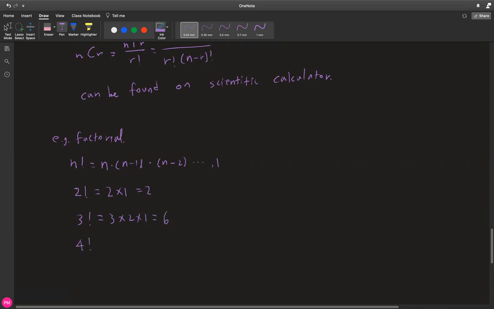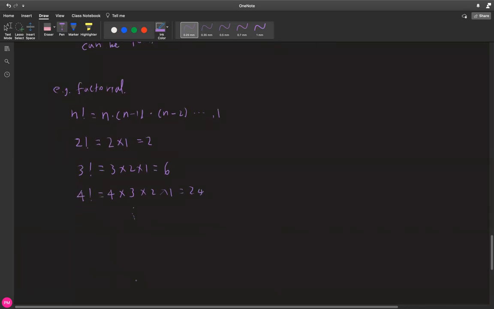And 4 factorial is 4 multiplied by 3, 2, and 1, which is 24. We can keep the same pattern. Given any number, you can just do this, or if the number is too big, you can also find this on calculators.